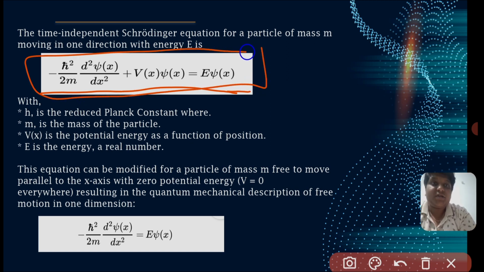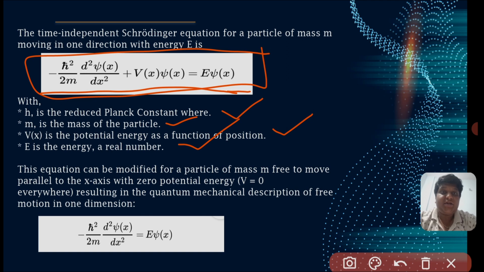This is the required Schrodinger's equation, with h the reduced Planck constant, m the mass of the particle, V of x the potential energy as a function of position, and E the energy, a real number. This equation can be modified for a particle of mass m free to move parallel to the x-axis with zero potential energy.